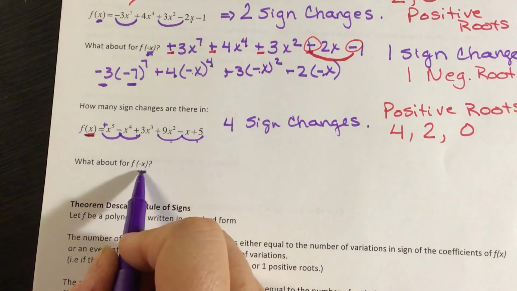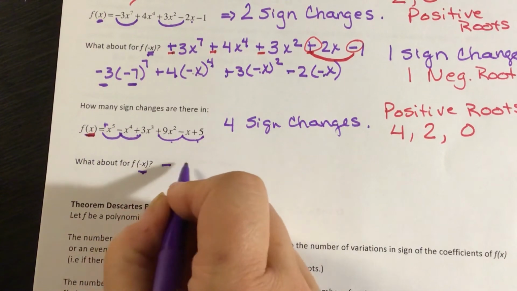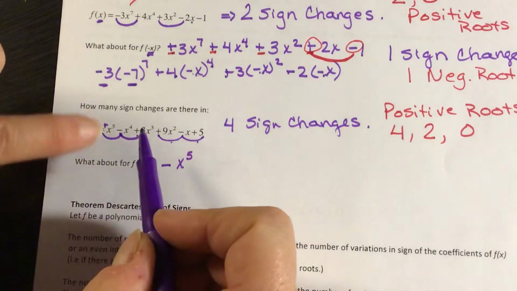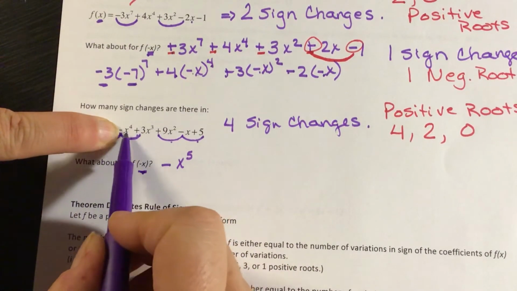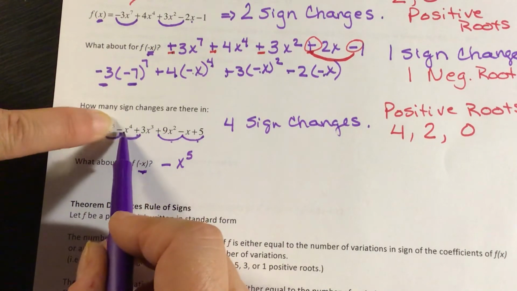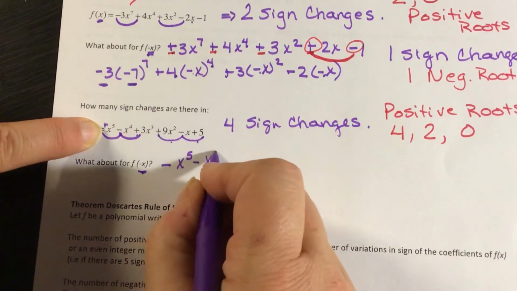So if I plug in negative x to the 5th power, that becomes negative x to the 5th power. So just looking up here, negative x to the 4th power is a positive x, but I have a minus here, so I'm going to minus x to the 4th power.